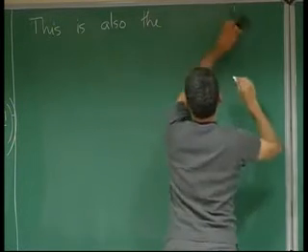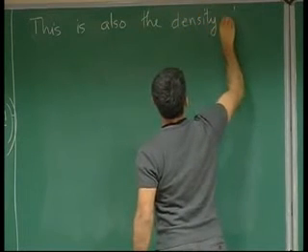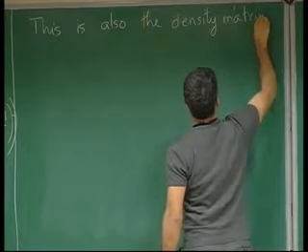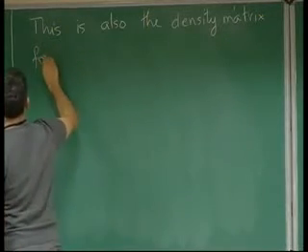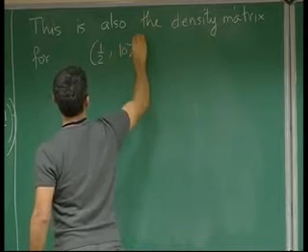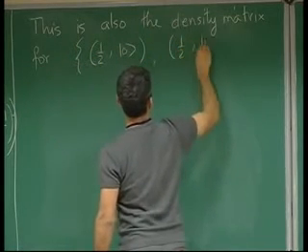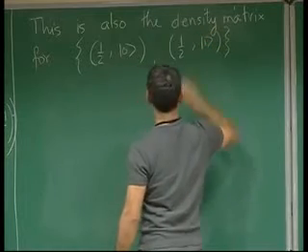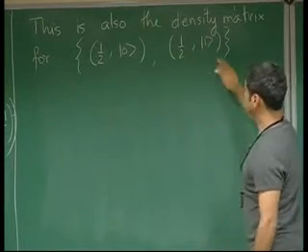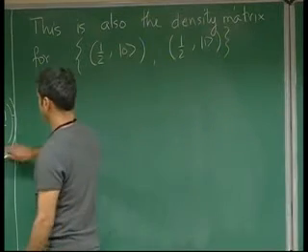Sorry, the density matrix for the mixed state for this mixed state here. Right? And this mixed state is different from this one, at least at the face of it. But nonetheless, they have the same density matrix.